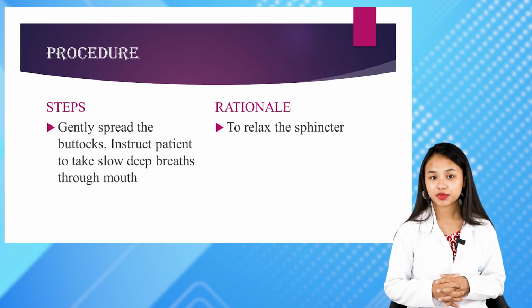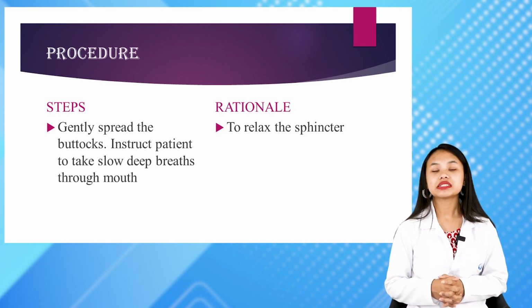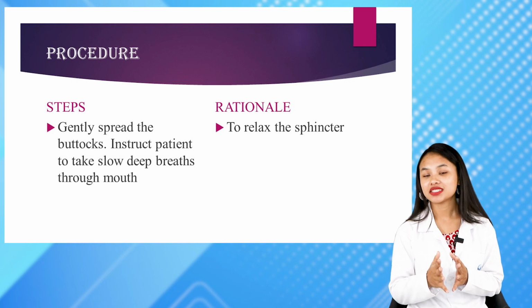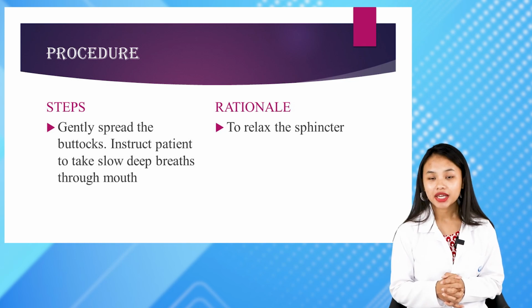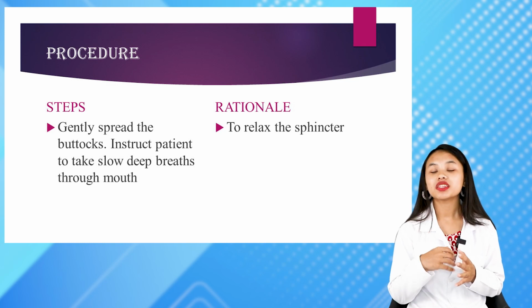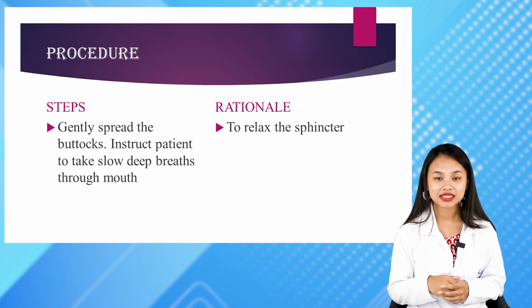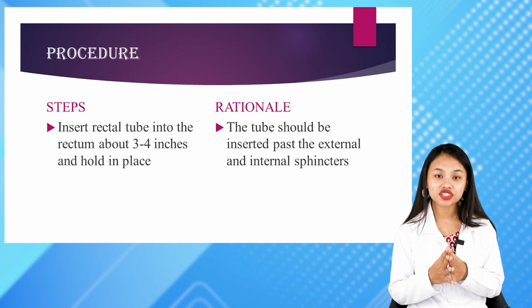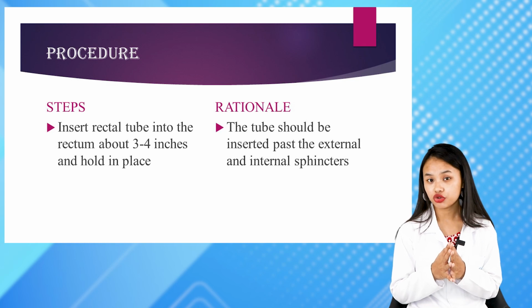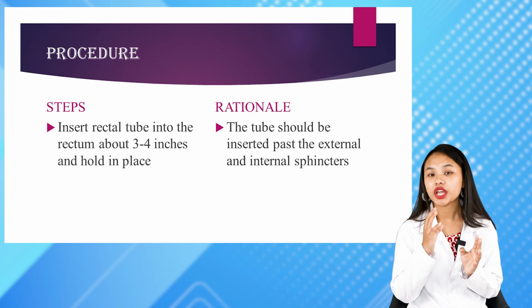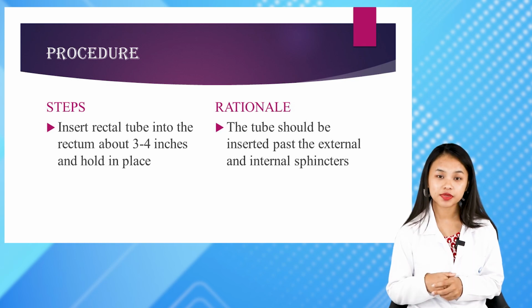Once the tube has been lubricated, we must gently spread the buttocks. While we are doing this, we must advise the patient to take a deep, slow breath through their mouth. By doing this, it helps to relax their anal sphincters. We must then start inserting the rectal tube into the rectum for about 3 to 4 inches and hold it in place.